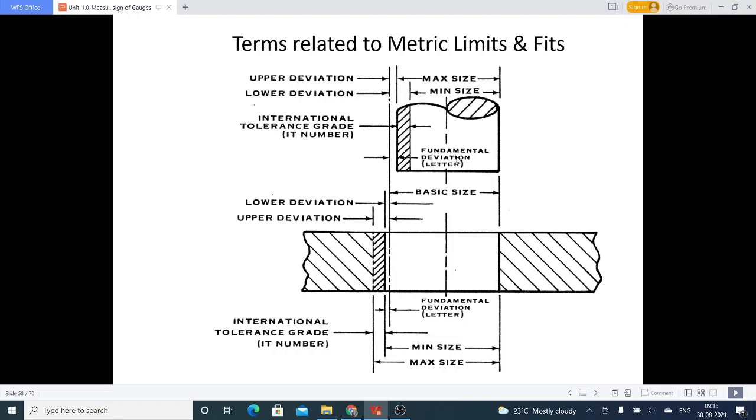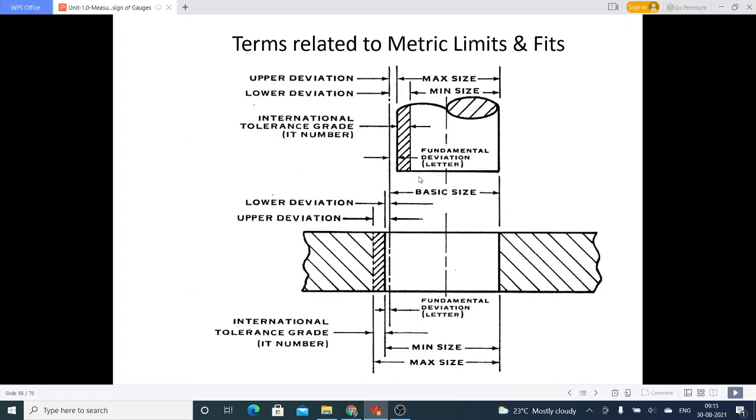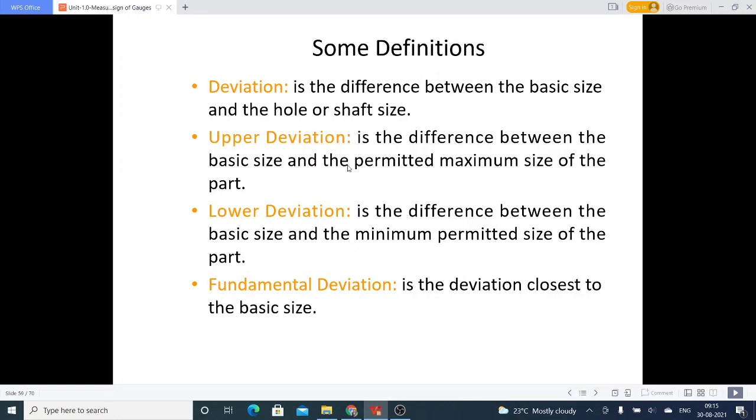We are going to see how that can be calculated. Now whatever dimensions and designations we have seen, upper limit, lower deviation, upper deviation, are defined over here. Definitions are given. You can go through the slides.